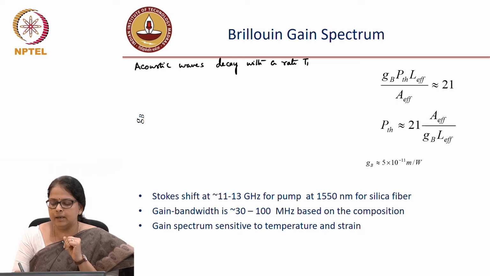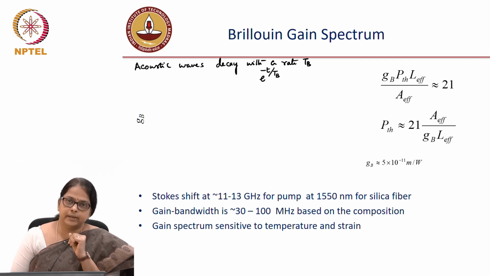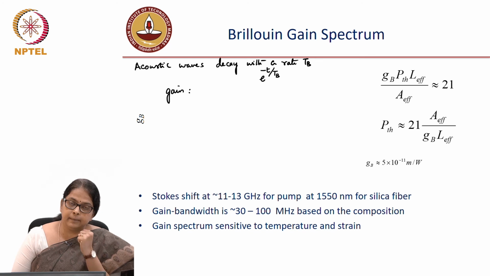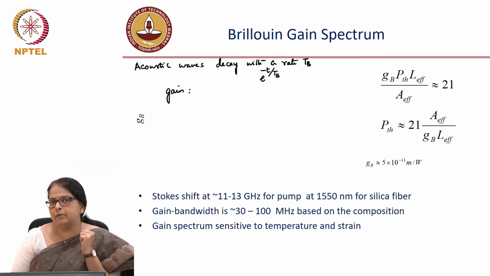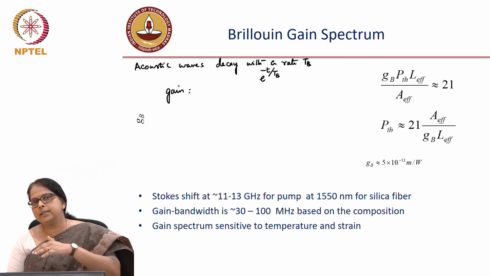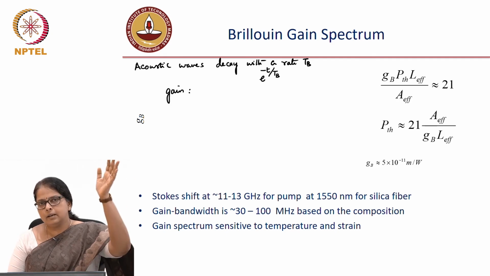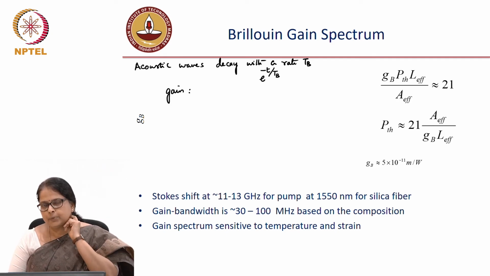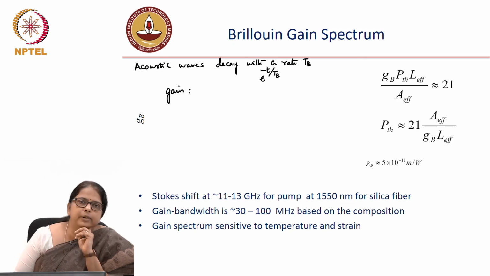let's say TB. So in the time domain, the strength of the acoustic waves decays as e to the power minus t by tau b, which means the gain associated with the scattered light will also have a frequency spectrum which is characteristic of the time domain decay. Now an exponential decay corresponds to a Lorentzian in the frequency domain.